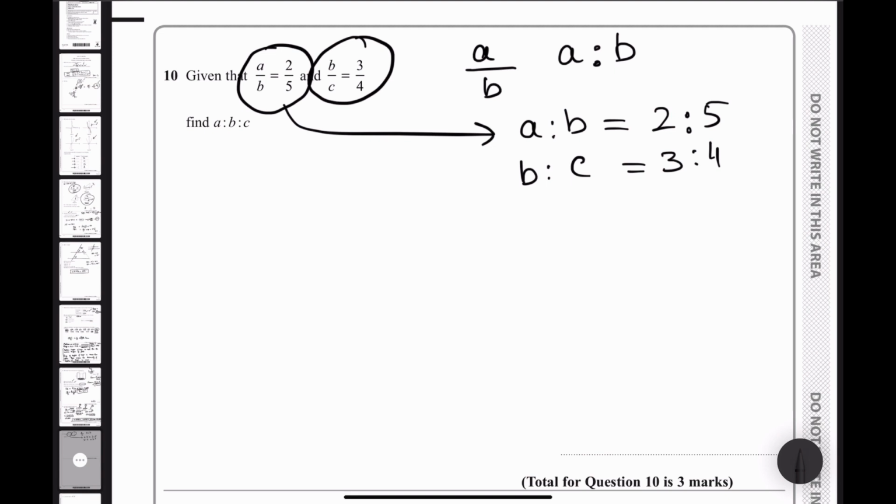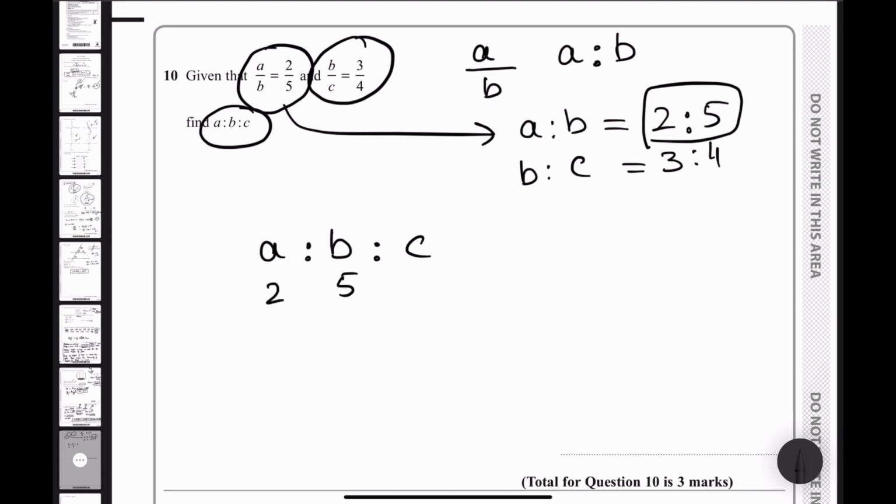But we are supposed to work out a ratio b ratio c. So I'll write it as a ratio b ratio c. Now a ratio b is 2 ratio 5, so I'll write 2 underneath a, 5 underneath b.